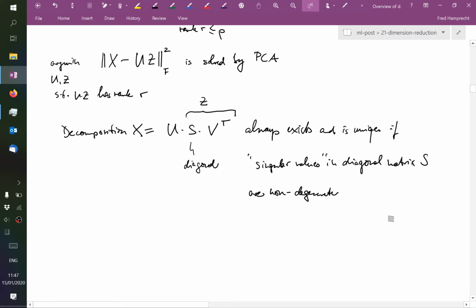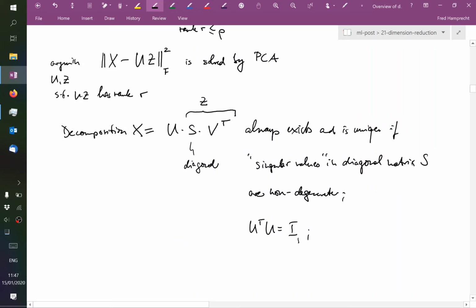And then we have the property that U transpose U is a, so let's see, how about the dimensions here?